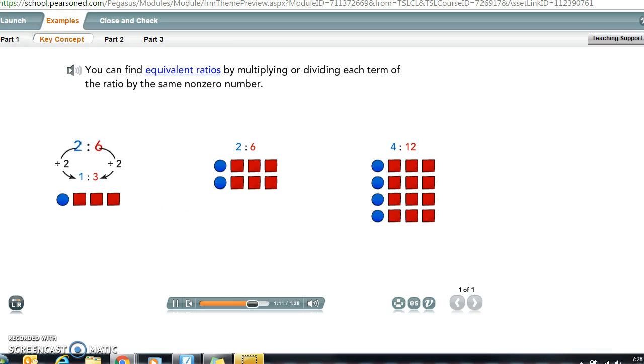The ratio 2 to 6 and the ratio 1 to 3 are equivalent ratios. So, the ratios 1 to 3, 2 to 6, and 4 to 12 are all equivalent ratios. And again, the reason why they're all equivalent is because they'll all simplify down to your 1/3.